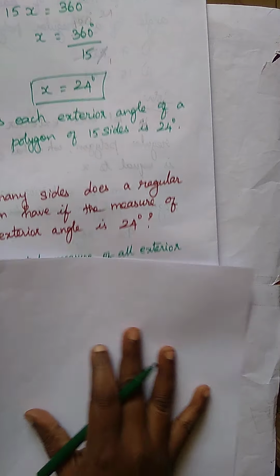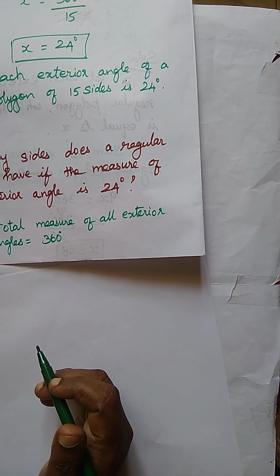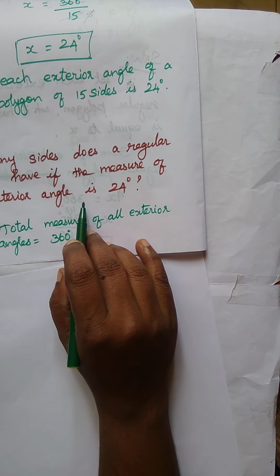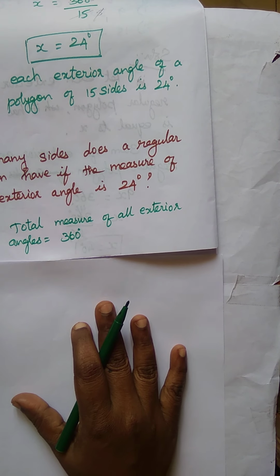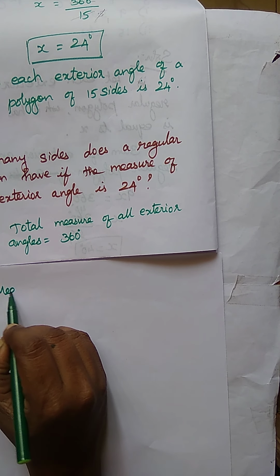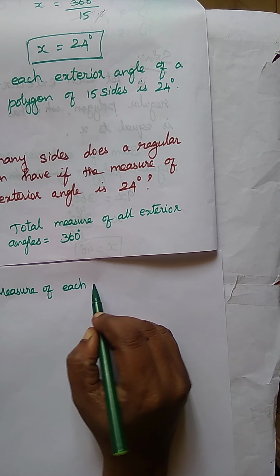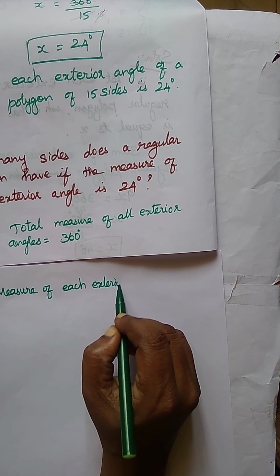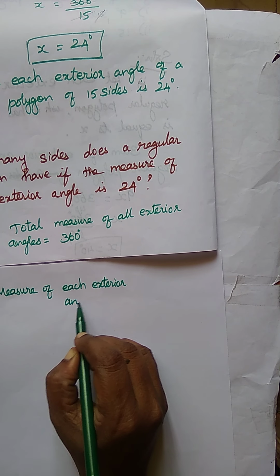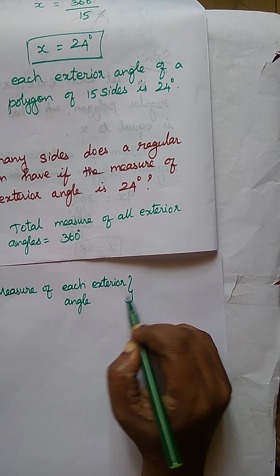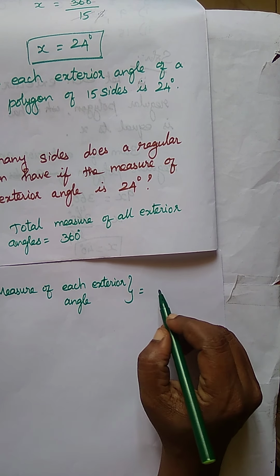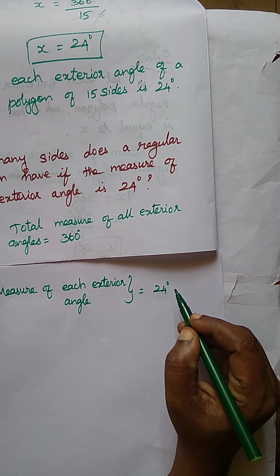We want to find the measure of each exterior angle. Given is the measure of each exterior angle, which is equal to 24 degree.